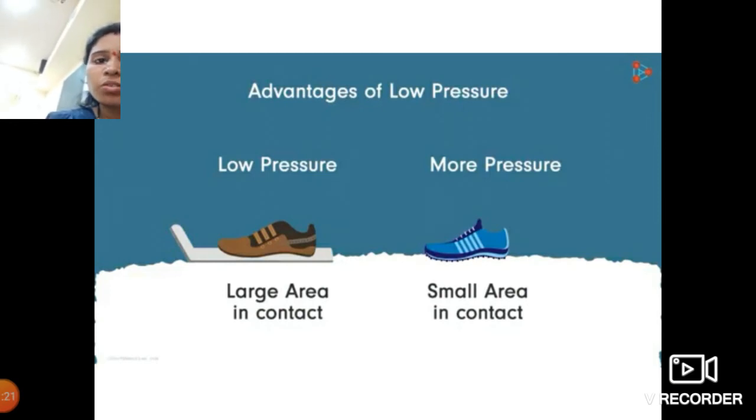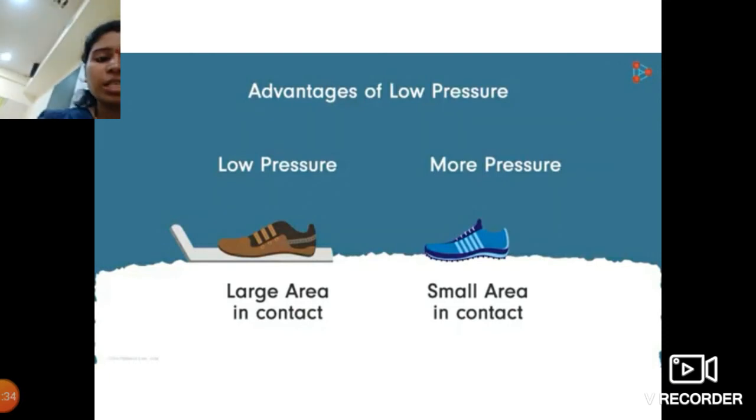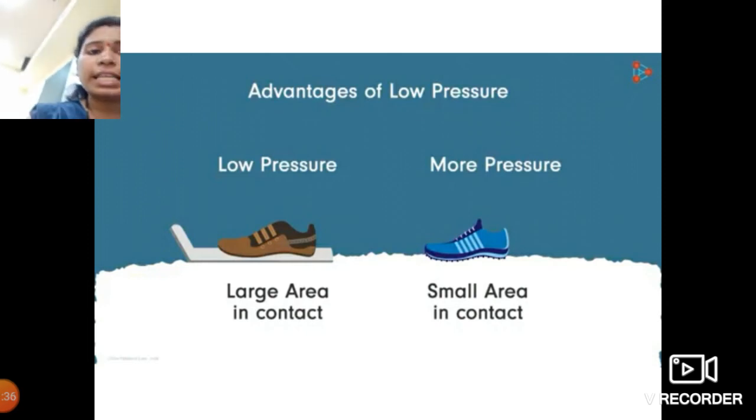Okay students, so these are the advantages of low pressure. Whenever the area is more, the pressure is low, and whenever the area is small, the pressure is more. So note that the force applied in both cases is the same.